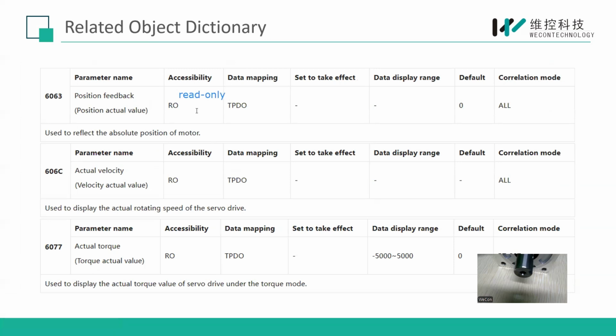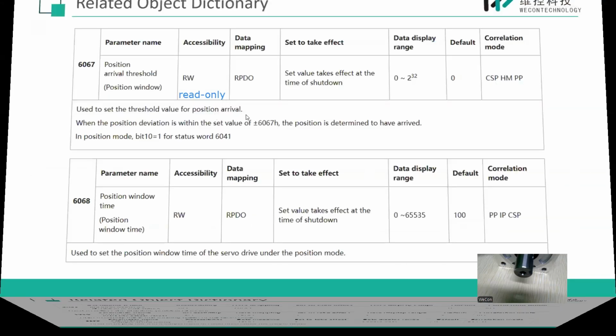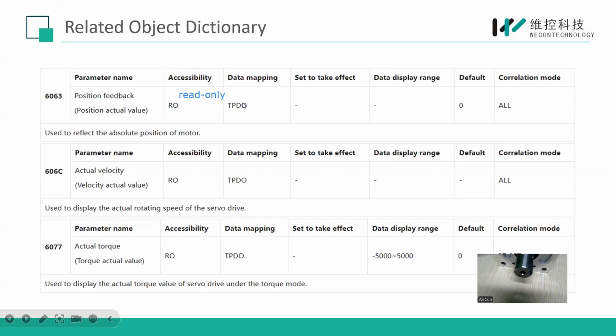And here you can also see the data mapping. It is TPDO, it's different. These are RPDO, but these three are TPDO. TPDO means we need to put it in the input group of PDO operation, because this parameter comes from the driver to the PLC. So the direction is different.